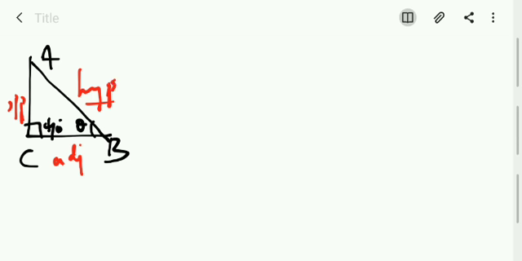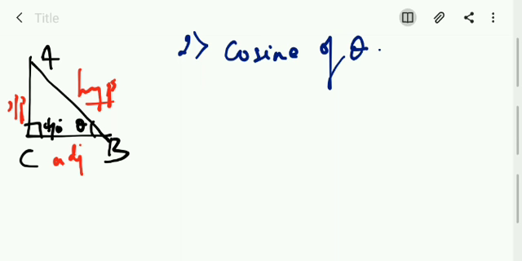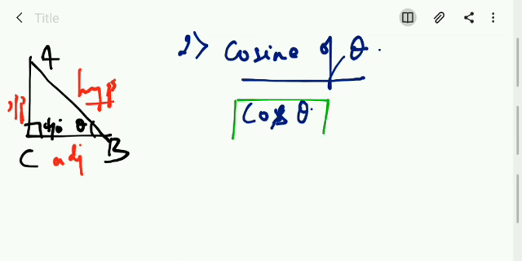Now what is the second function or the second ratio? It is cosine of angle theta. Once again, instead of writing cosine of theta, the short form you can use is cos theta.